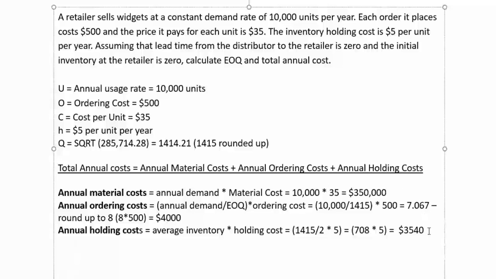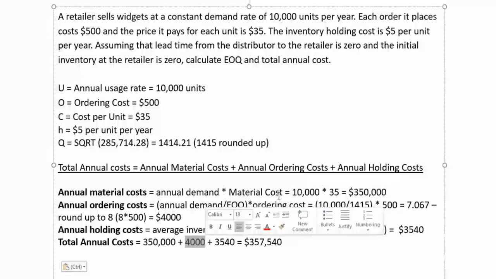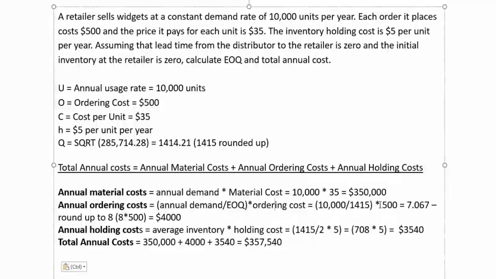So total annual costs will be 350,000, which is here, which is your material cost, plus your ordering cost. So basically, it's the number of orders multiplied by the cost per order, which we have here. We took the 10,000 divided by our economic order quantity and multiplied it by 500, of course, using 8 as an order quantity and not 7.067.